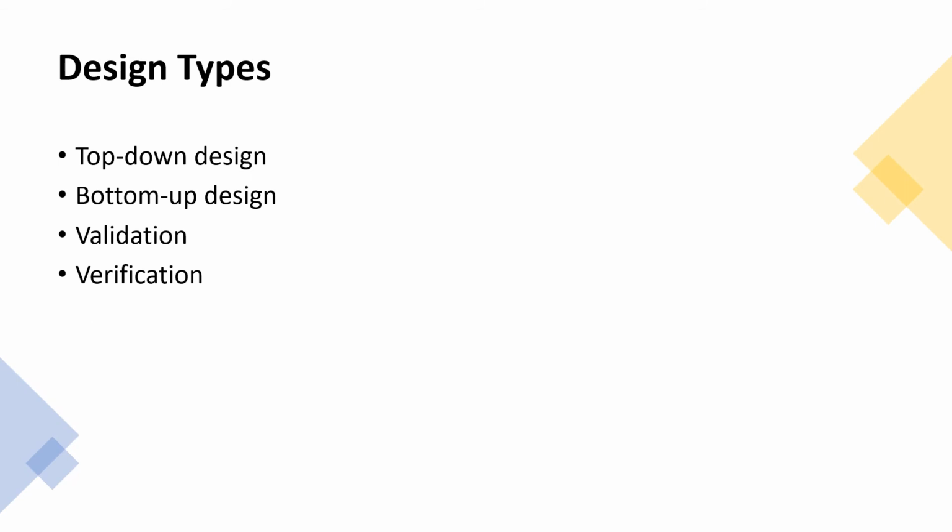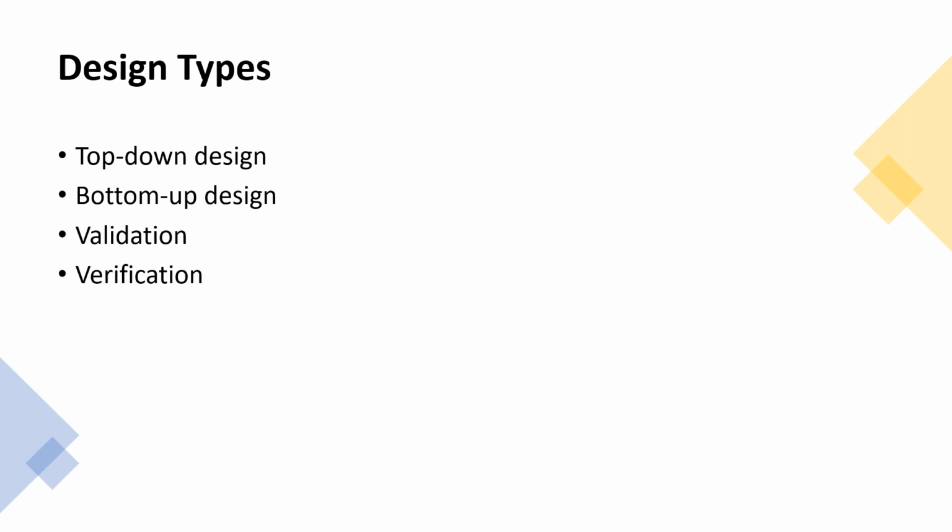Design types, we have top-down design. Top-down design involves specifying the overall control architecture of the application before designing the individual module. So you start at the top and draw the architecture before you go to specific modules.